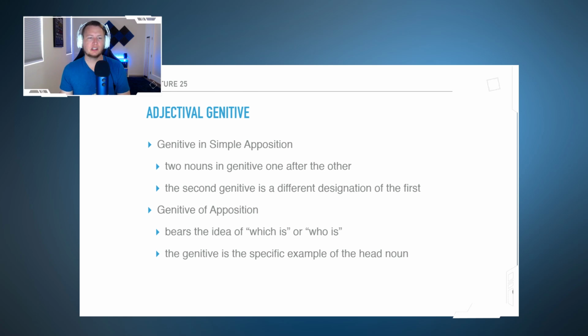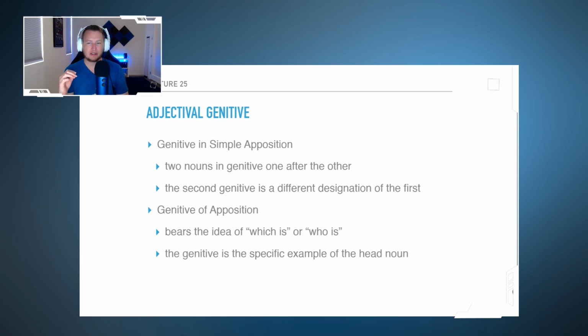Still discussing the adjectival genitive, you can have a genitive in simple apposition. What happens is two nouns, both in the genitive, one comes after the other. Where the second genitive is a different designation of the first. So in other words, it's saying the same thing with different words.